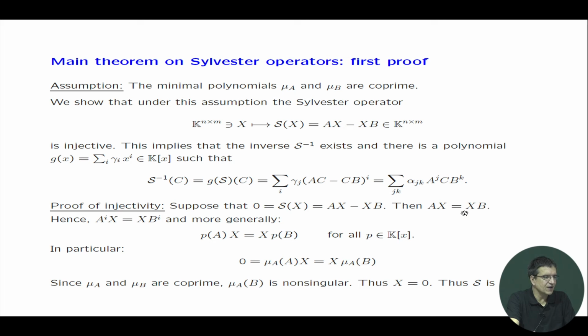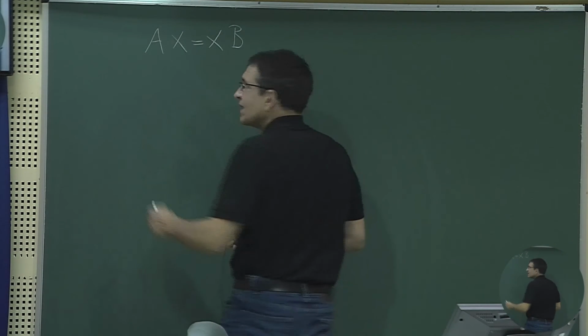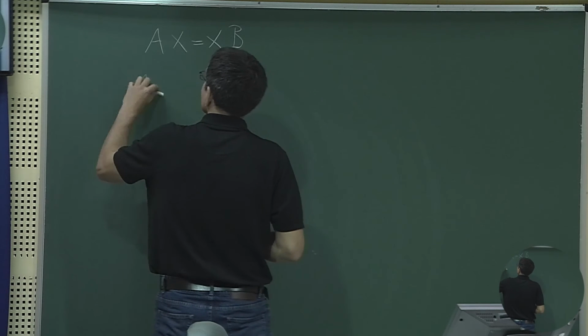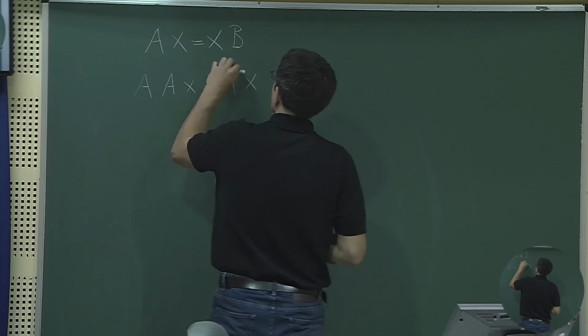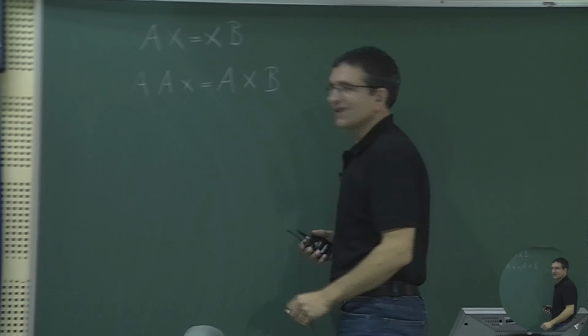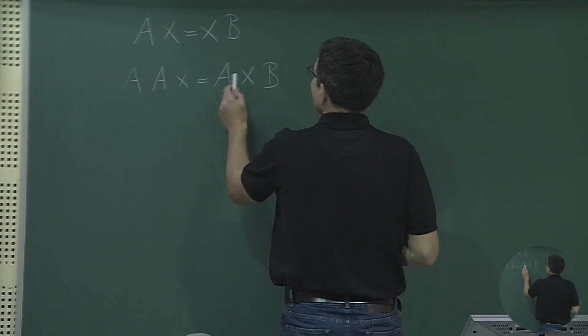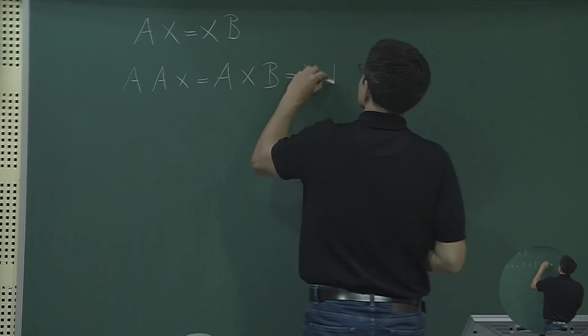So now if AX equals XB, then I can multiply this from the left with A. And now AX equals XB, so I get XBB.